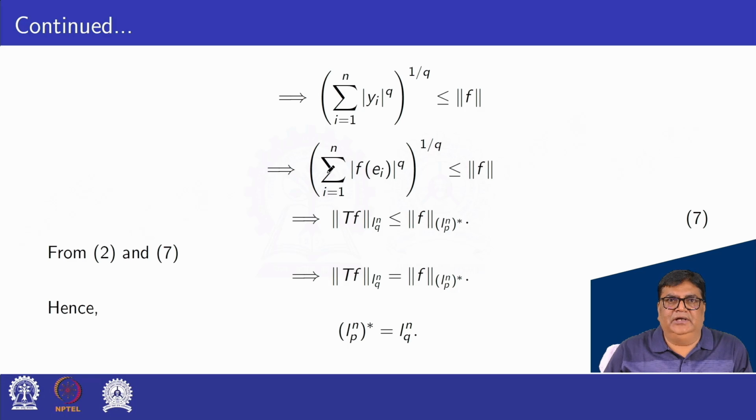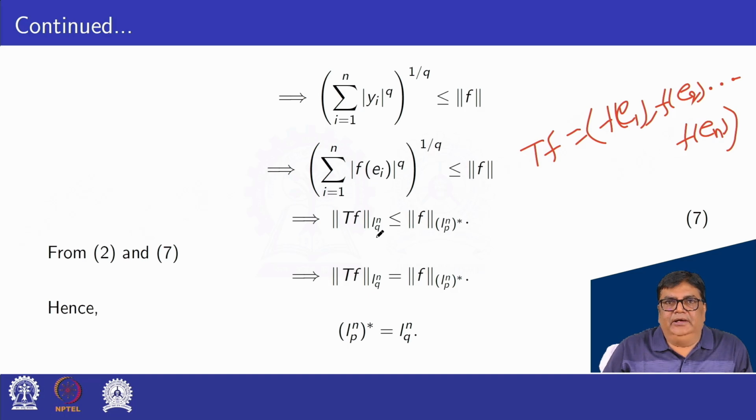This implies that summation i equals 1 to n mod f of ei power q whole power 1 by q, because yi is f of ei. So this can be written as the q norm, that is LQN, norm Tf less or equal to norm f. Okay, from equation 2 and 7.